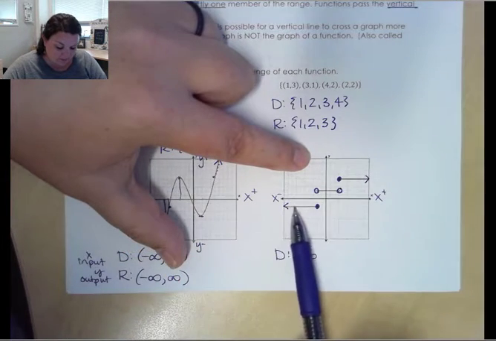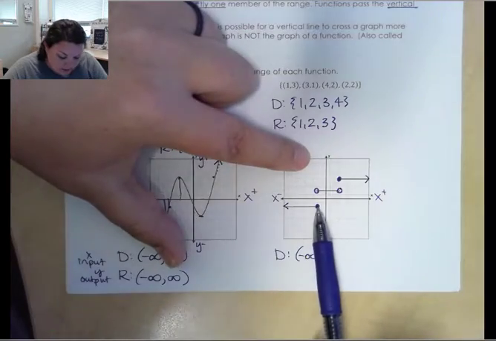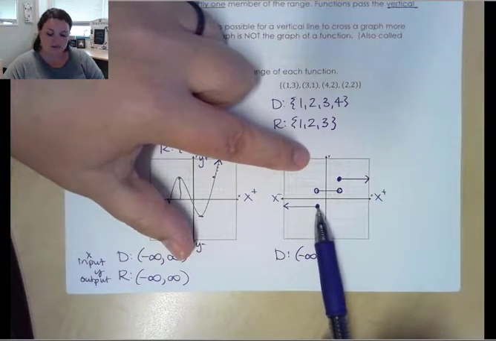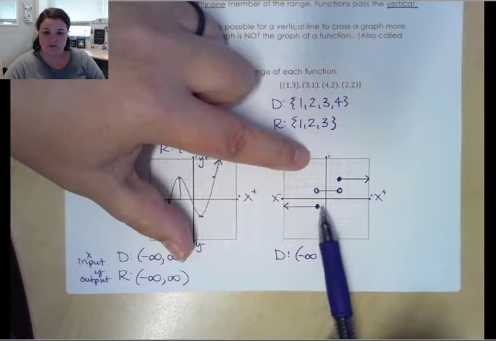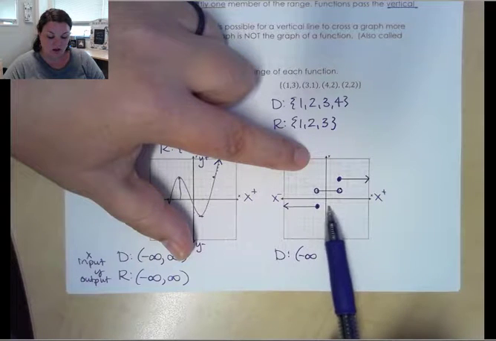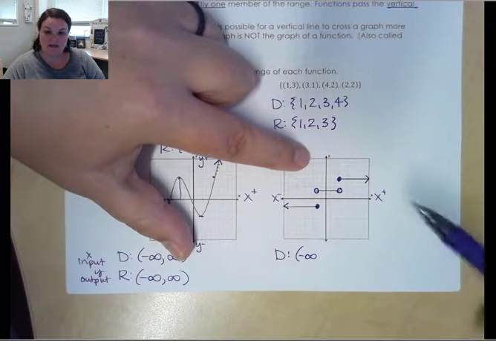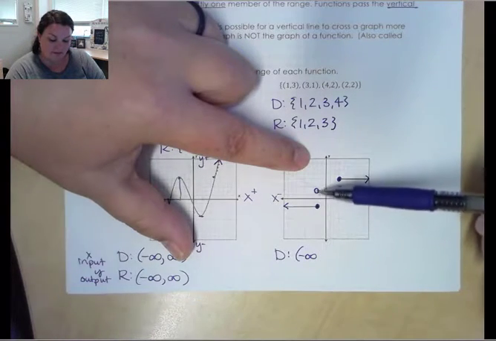This looks like about -2 maybe. That's where this piece ends, but notice it has a closed dot. So it actually is defined at -2. And then things beyond -2 are actually defined on this next piece, right?